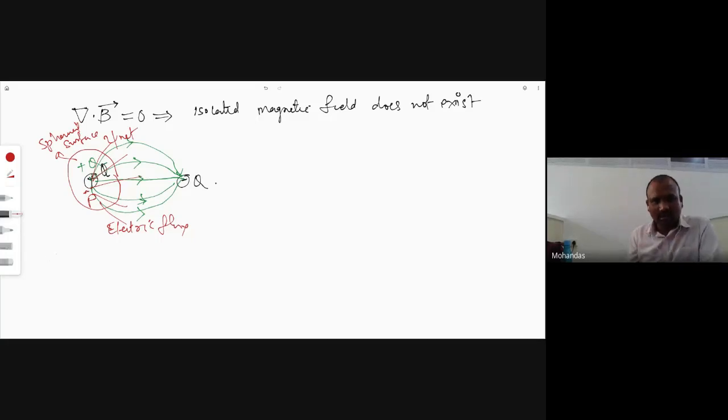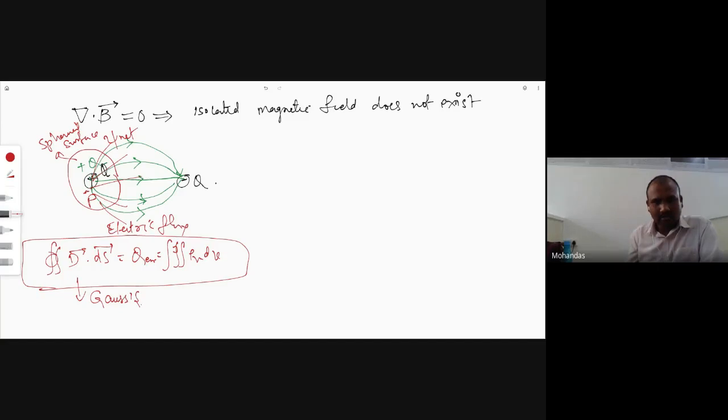In those cases, we can write closed surface integral D dot dS is equal to Q enclosed, which is equal to volume integral of rho v dv. This is the equation you have seen in electrostatic field. That is indirectly Gauss law.